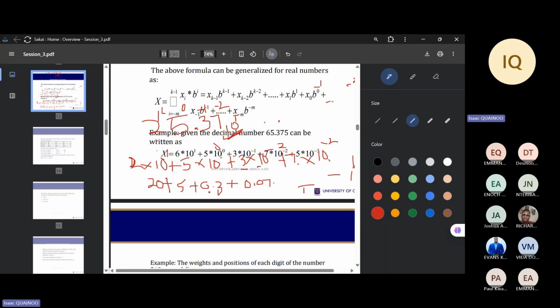Now, if we add all this together, we are going to get 20 plus 5 plus 0.3 plus 0.07. That is 25, okay.